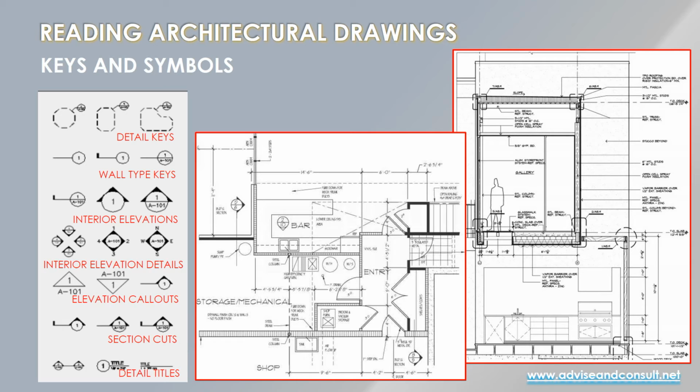So for example, detail keys on the drawing on the right, you'll see these dashed circles and rectangles that are identified by a little tag that goes off to the side. On the rightmost one, that little detail at the top corner of a framed member is identified as detail 1 on sheet A 5.9.